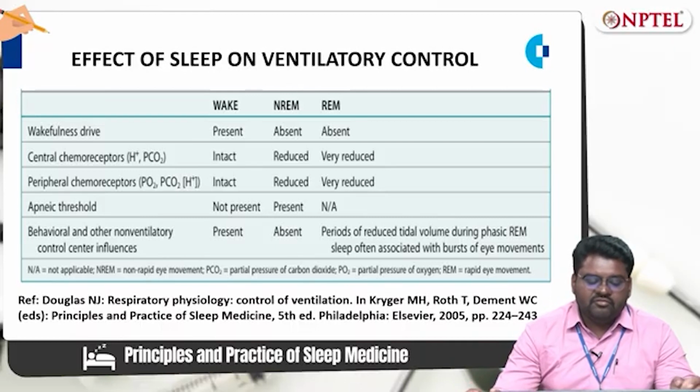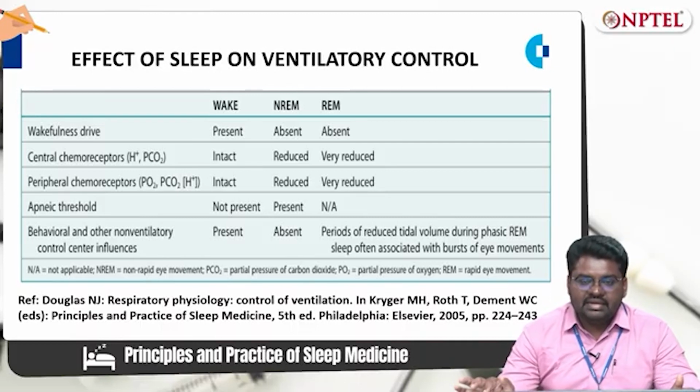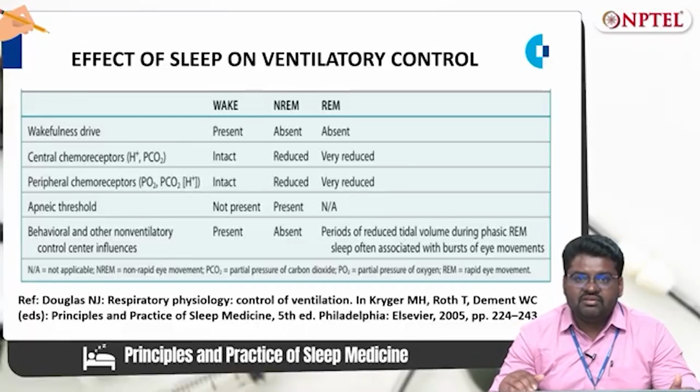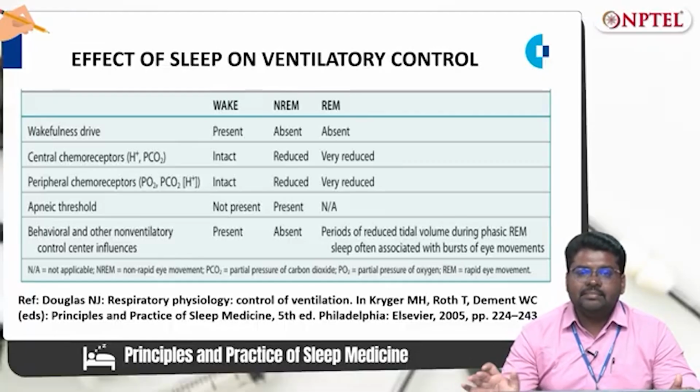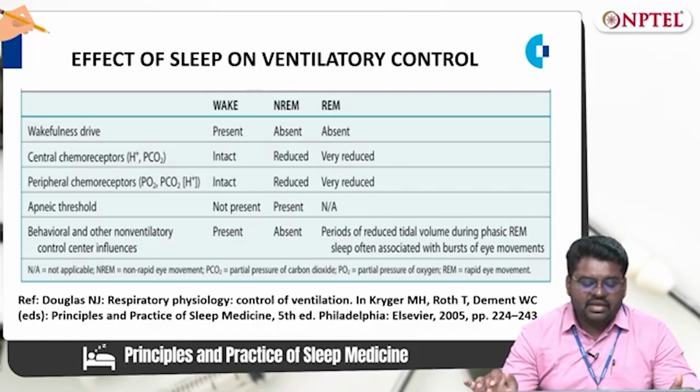Apneic threshold. What does this apneic threshold mean? It is a cutoff point, below which if the CO2 level falls, the patient will have an apnea. Usually the central sleep apnea will occur in the NREM sleep phase. So the apneic threshold is a concept of NREM sleep. The last point is behavioral and other non-voluntary control center influences. So what does it mean?